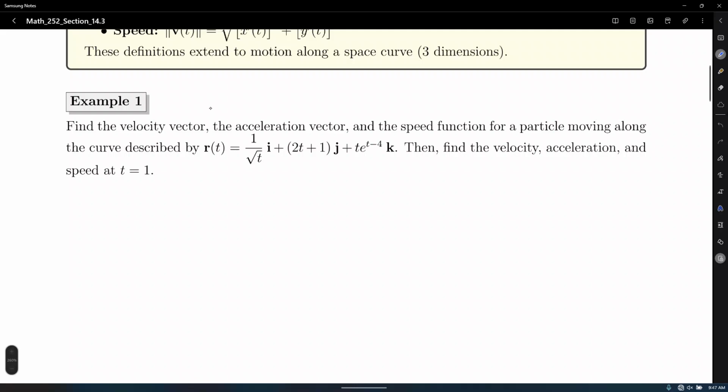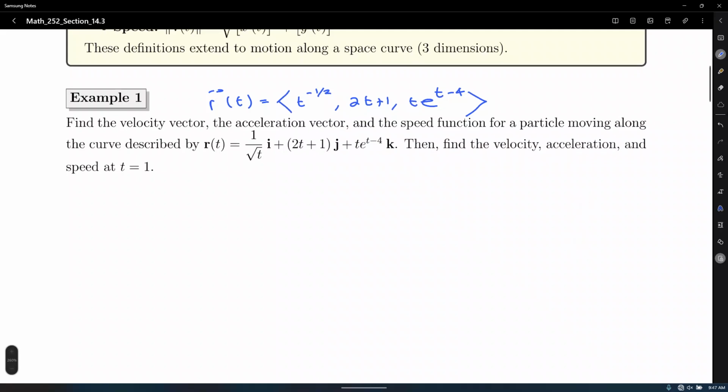So I would rewrite the vector valued function in terms that we can easily differentiate. That is t to the negative 1/2, 2t plus 1, t e to the t minus 4.